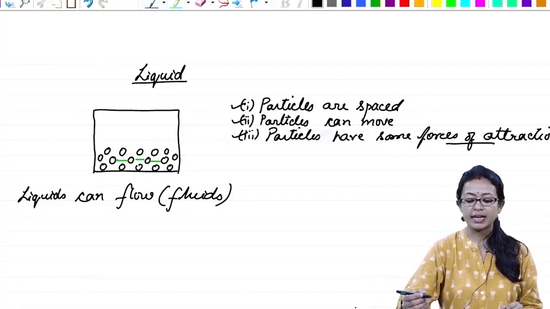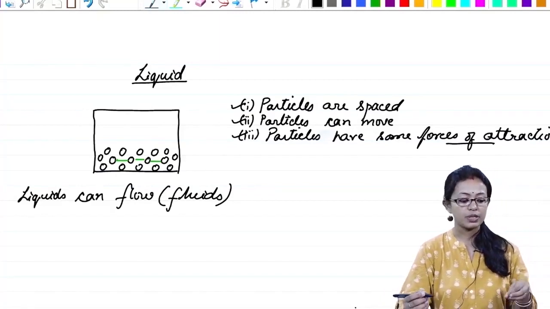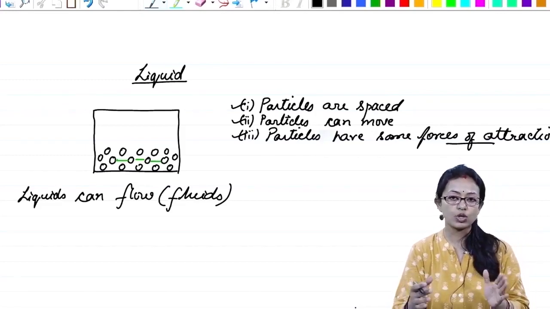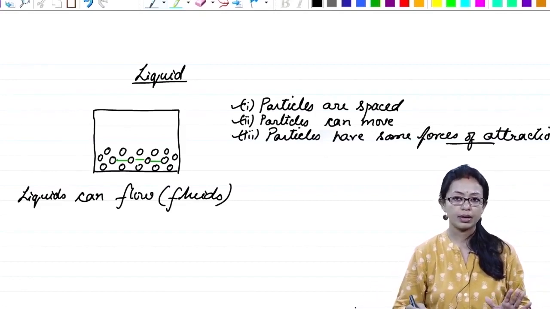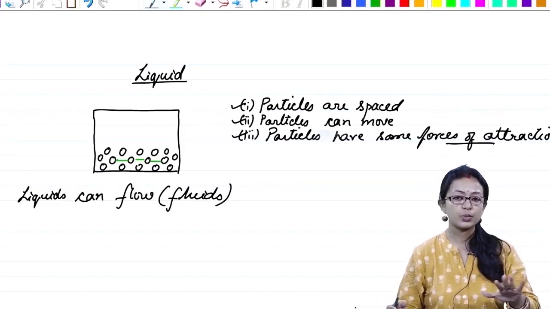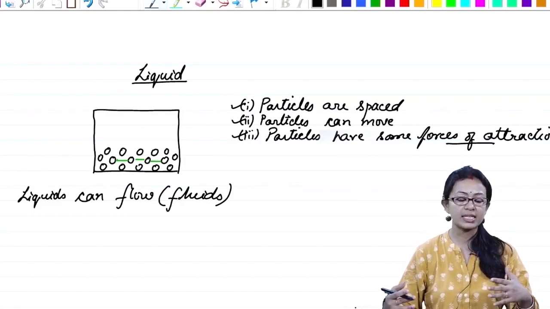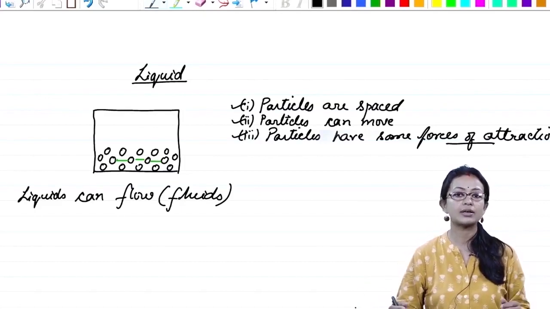For example, if I have a glass of water on the table and the glass spills by some means, you find that the liquid spreads on the table. But there is an extent till which the liquid will spread. Why is the liquid not flowing into the entire room?